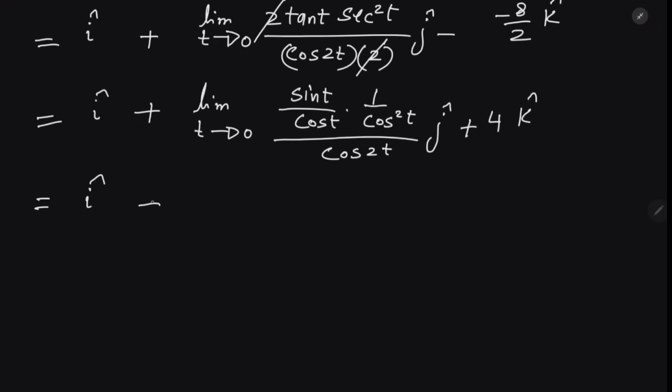I unit vector plus, since sine 0 is 0, cos 0 is 1, so there is nothing that gives us 0 by 0. So we have 0 j plus 4k unit vector, and the final answer is i plus 4k unit vector.